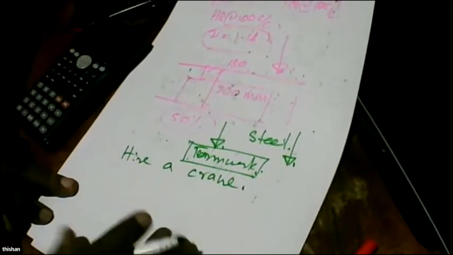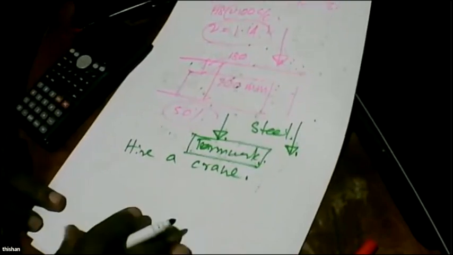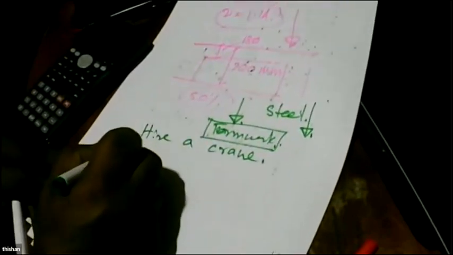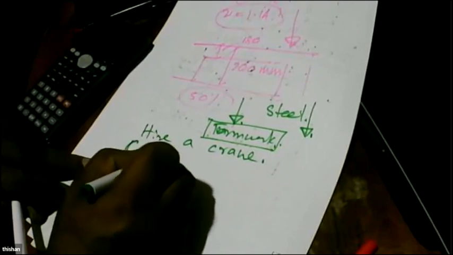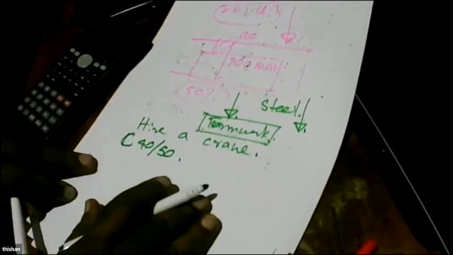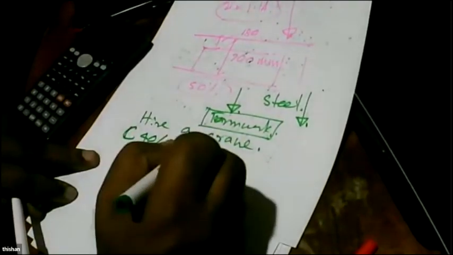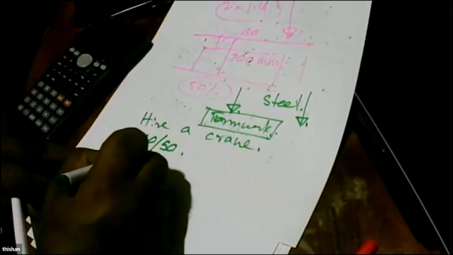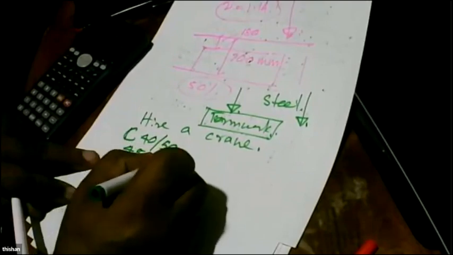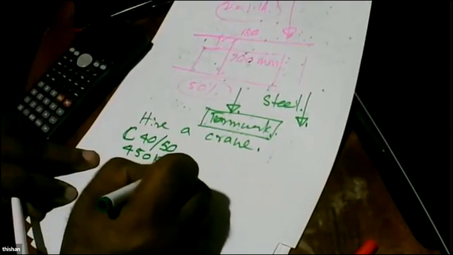That's all. And then we also have to think about C40/50 concrete. And how you get C40/50 concrete is by using about 450 kilograms of cementitious material.